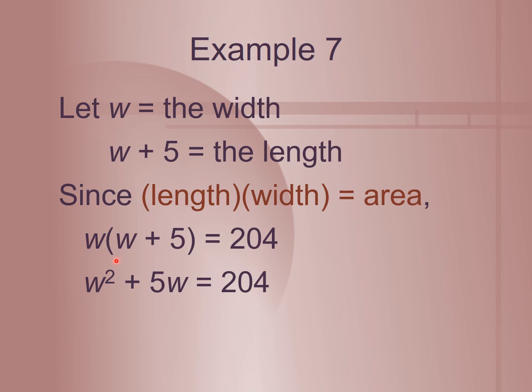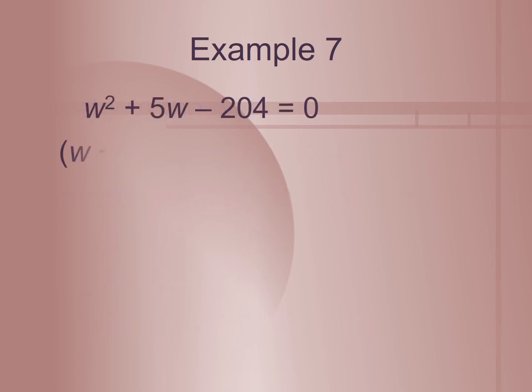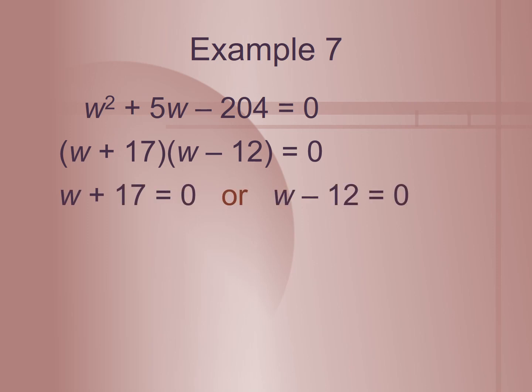I noticed that we have a quadratic because we have a degree 2. In order to solve a quadratic, I can factor. So I'll get it into general form by getting it set equal to 0, and then I'll factor using the reverse box method or reverse FOIL method, which gives me W plus 17 and W minus 12. Then I'll use the zero product property, and I end up with W plus 17 equals 0, or W minus 12 equals 0. I'll solve for W, and I get negative 17 or 12.